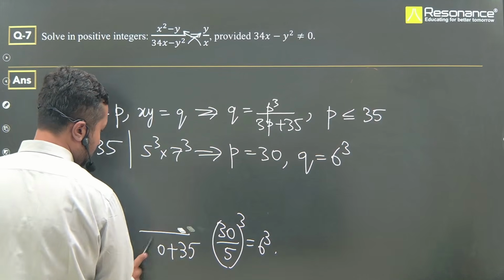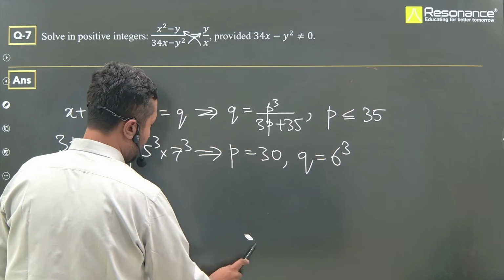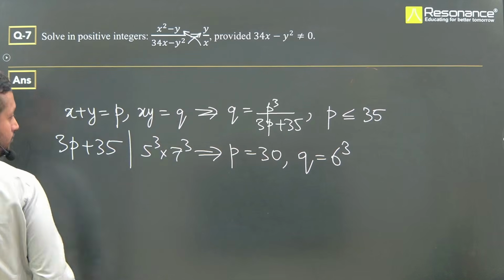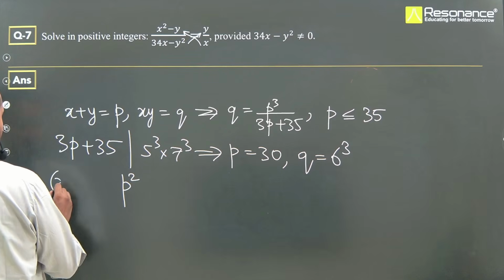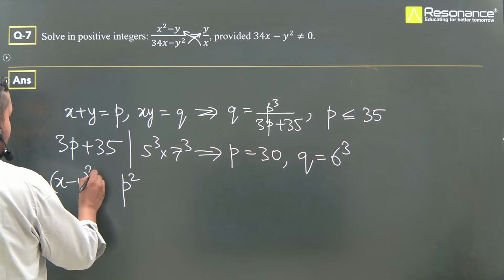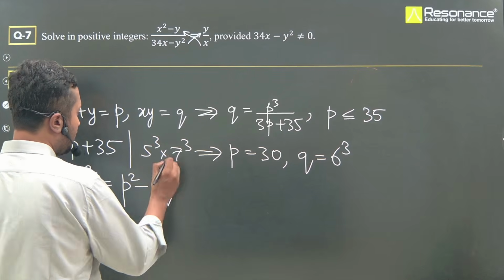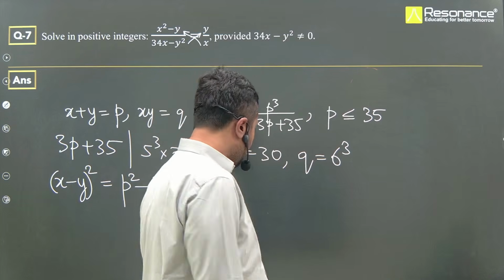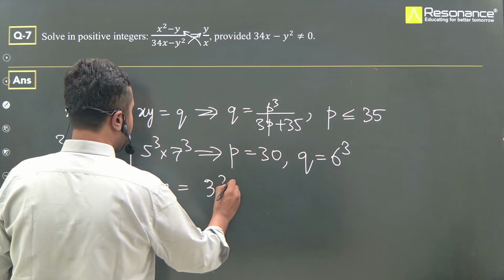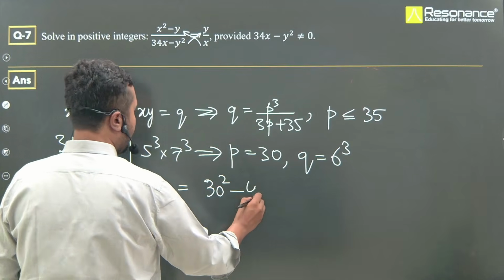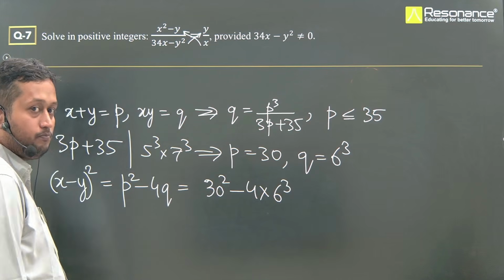Yeah, you can set up a quadratic and work out the values of x and y now. I find it convenient to work out x minus y whole square, because that's really the discriminant, right? So P square minus 4 times Q. And what is that in this context? It is P square, which means 30 square, minus 4 times Q, which is 6 cube.